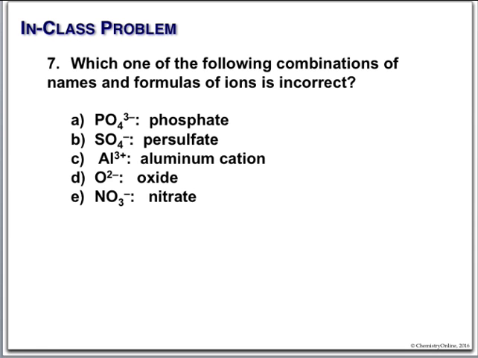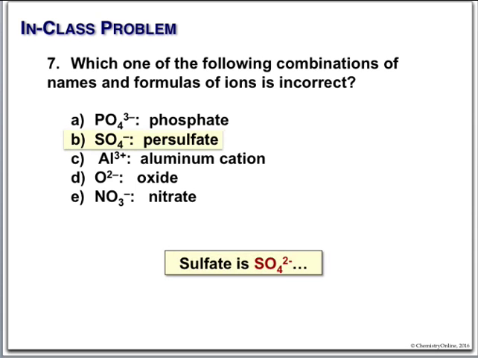The one that is wrong is sulfate. First of all, sulfate is SO4 -2. Persulfate would have 1 extra oxygen, remember? Per is 1 more. Persulfate doesn't exist, but sulfate is SO4 with 2 negative charges.